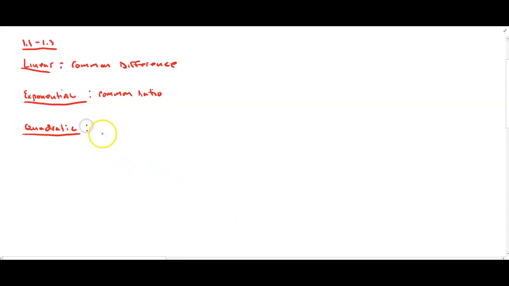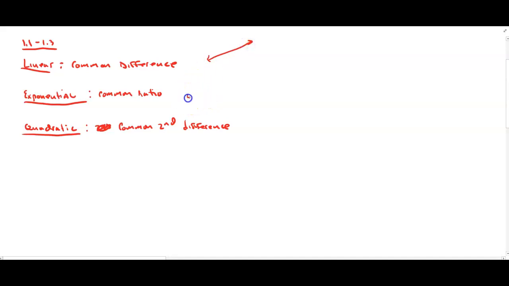A quadratic function has what we call a common second difference. Okay? And that's important to understand. Also, if it's linear, your graph will be a straight line.